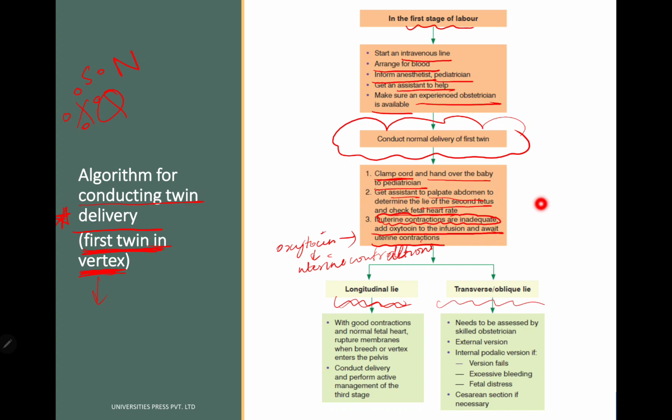With good contractions and normal fetal heart rate, rupture membranes when the breech or vertex enters the pelvis. And then you need to conduct the delivery and perform active management of the third stage of labor.